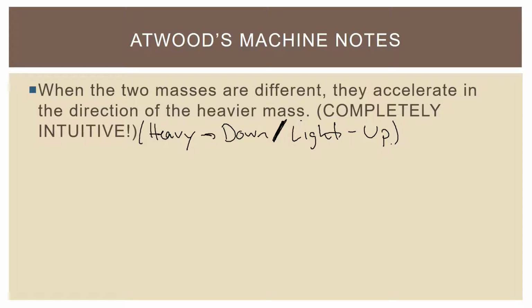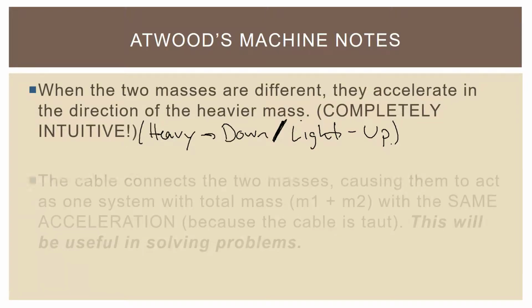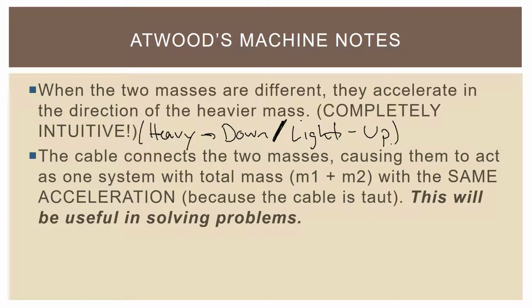Additionally, and this is really the most important point when we get to solving these problems, the cable, or the rope, however you want to put it, connects the two masses, causing them to act as one system with a total mass which is equal to the sum of their masses, m1 plus m2, with the same acceleration, because the cable is taut, or in other words, has a tension.